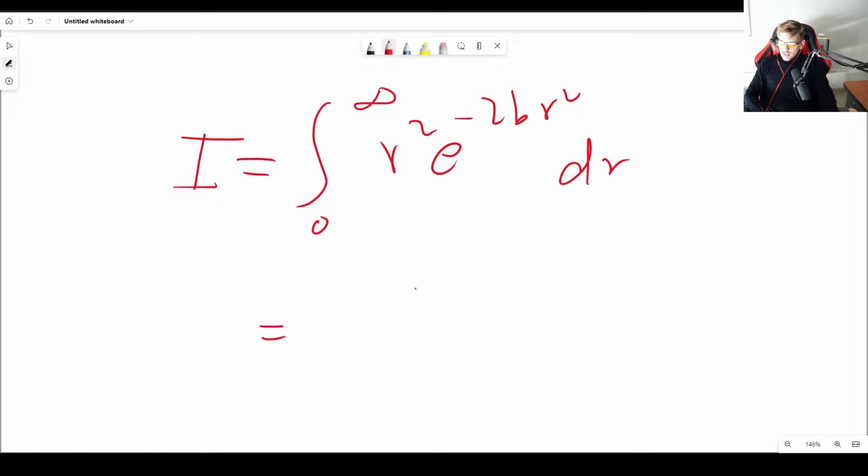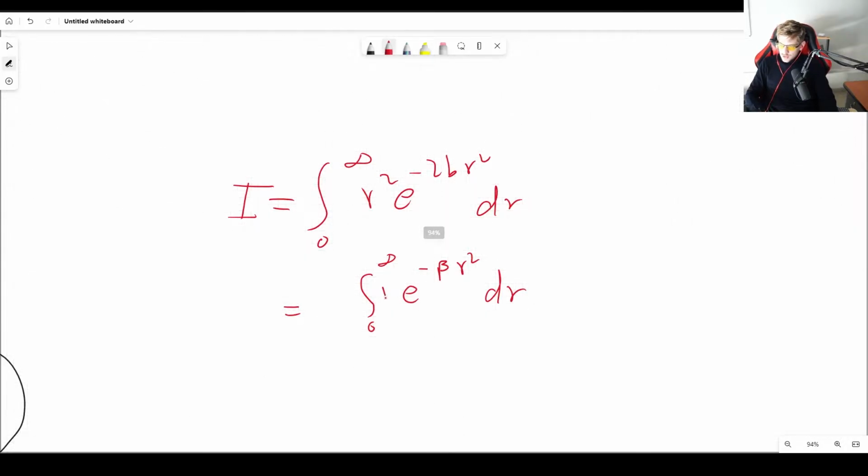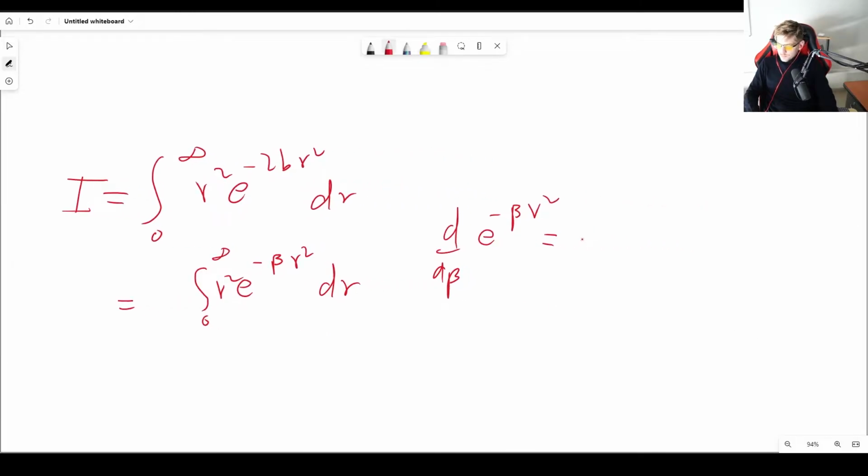Which is saying, all right, let's call this integral from 0 to infinity of e to the minus beta r squared dr. And then we notice that if we had e to the minus beta r squared, and we take the derivative with respect to beta, then what do we get? Then we would get minus r squared e to the minus beta r squared, which is basically the same thing that is here, except for the minus sign.